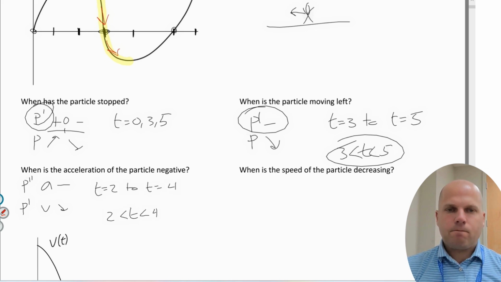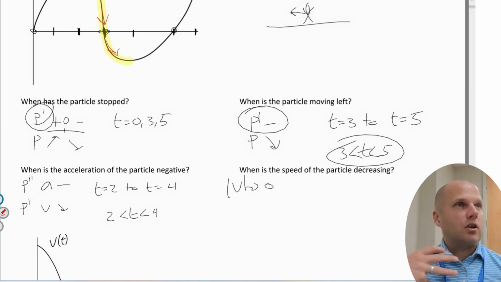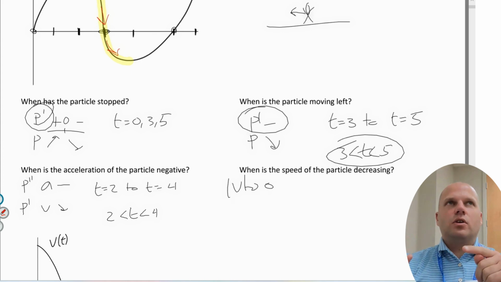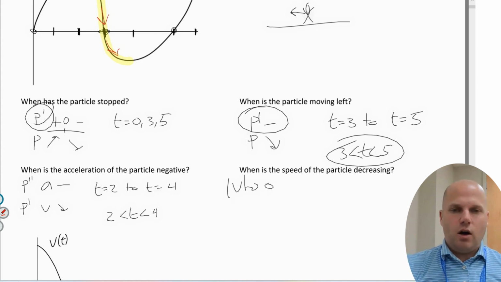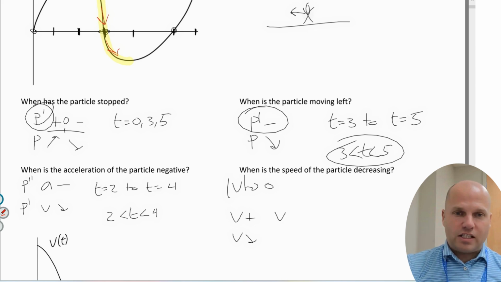Speed decreasing. Okay, let's think about this. Speed is decreasing when your velocity values are getting closer to zero, when you're getting closer to stopping. That is when your velocity values are positive but going down to zero, or your velocity values are negative but going up.